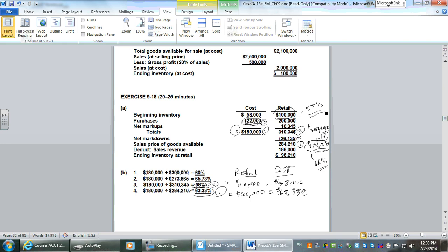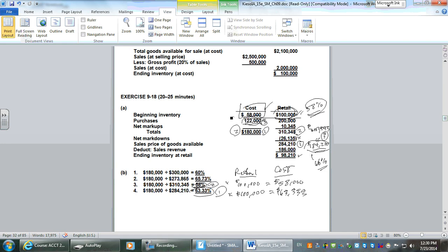So now how would I value my ending inventory? I'd have a layer, which is 58,000. Just pick that one up. And then what would I have new? The ending inventory at retail is 98,210. The beginning is 100. What's my new layer? So I have one layer, which is 100,000 at 58% to make the 58,000.